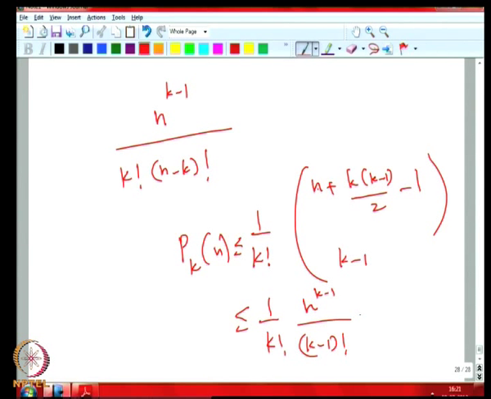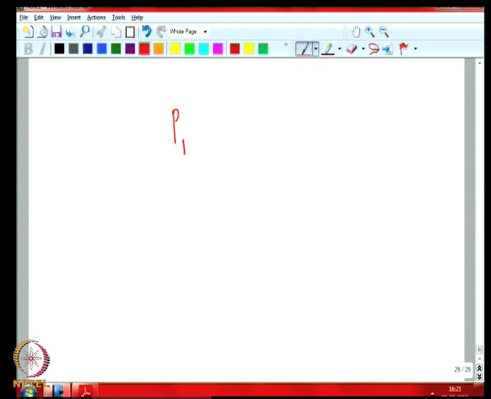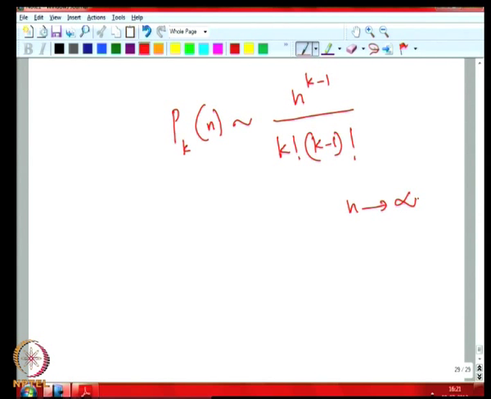So we again get that both the lower bound and the upper bound seem to be this. So we can write pk of n is approximately n raised to k minus 1 by k factorial into k minus 1 factorial, for n tending to infinity and fixed k.